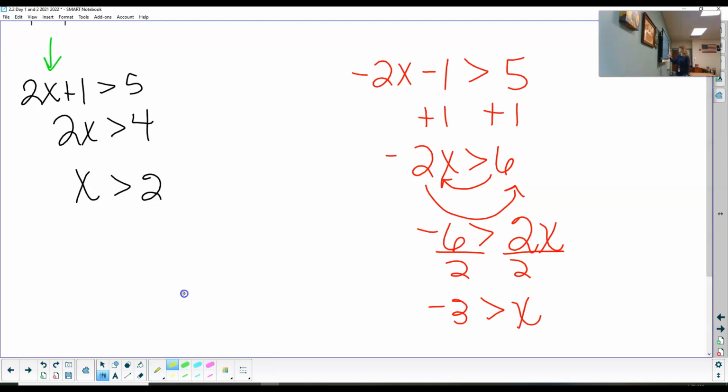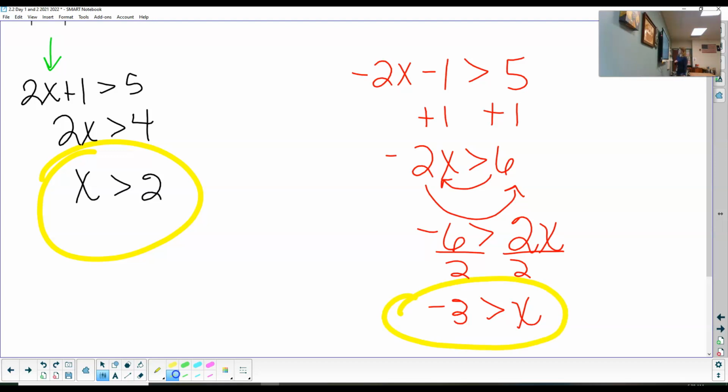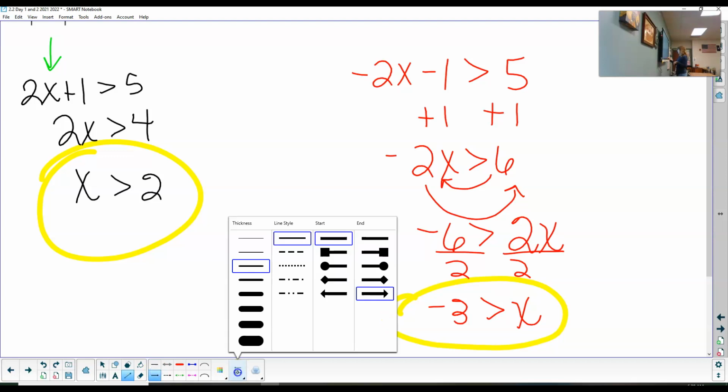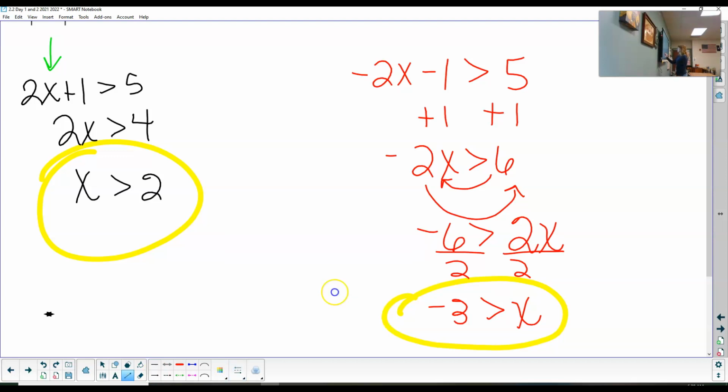So now it's time to put everything together and analyze our answer. Remember, we need x to be greater than 2, but at the same time, x is going to be less than negative 3. And also, remember, this is an or statement. So if I try to graph this on a number line, let's just sketch a baby number line real quick. We are going to have zero right here.